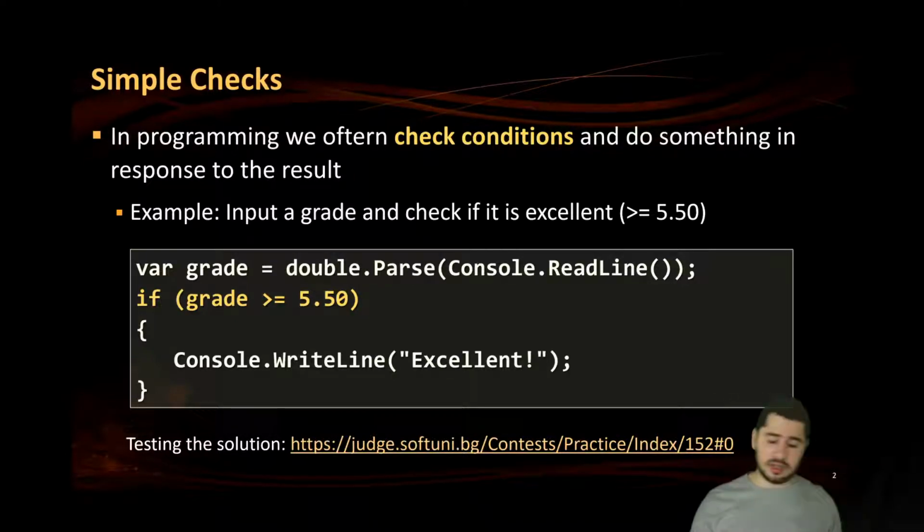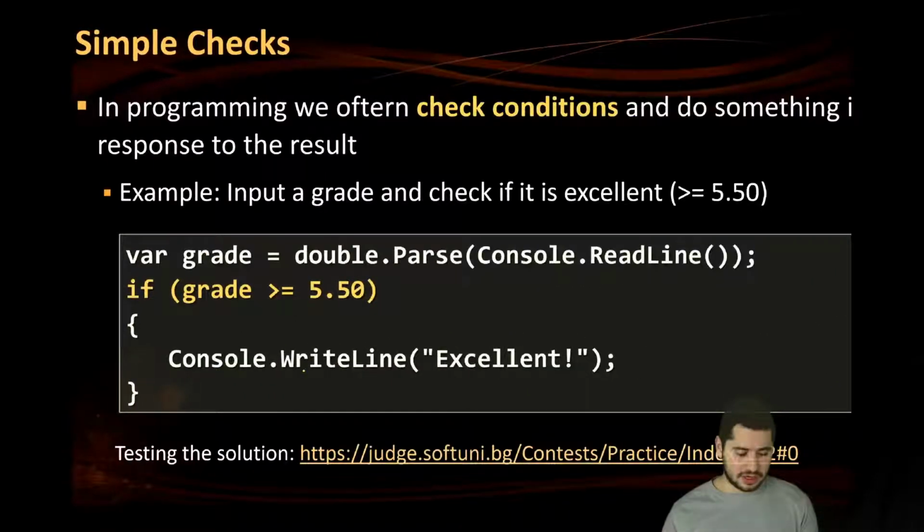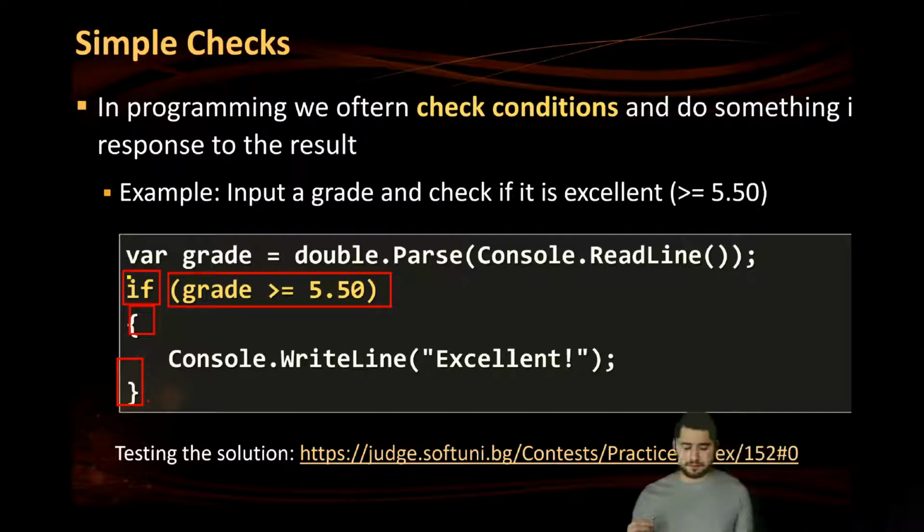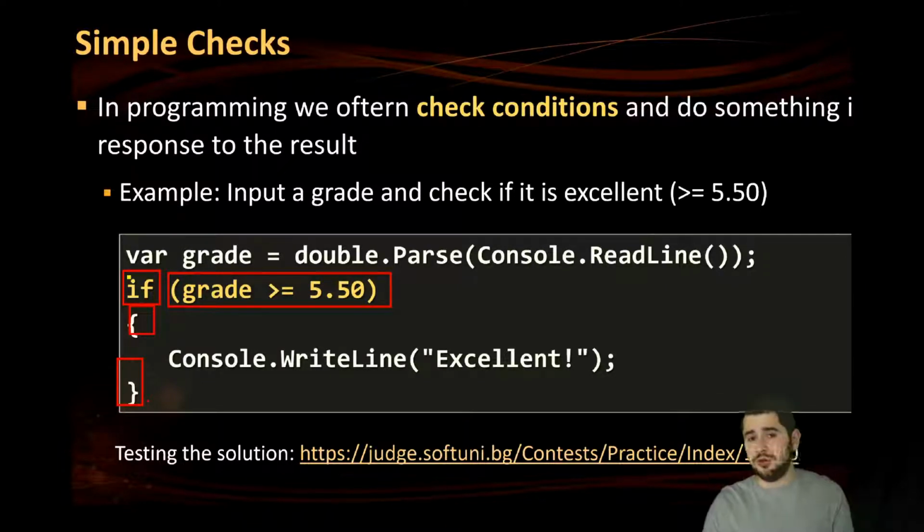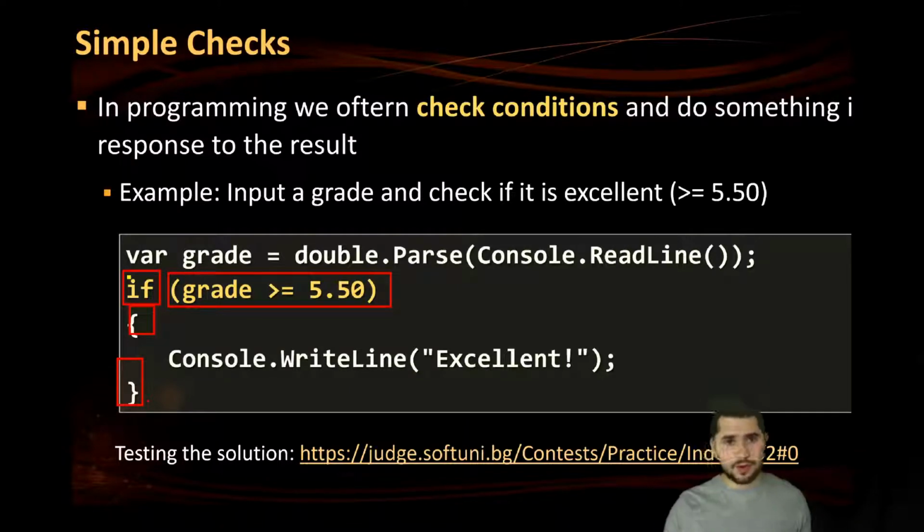So we want to say, if you have this number, then output something. How do we output something based on a condition? Well, first we do an if statement, as we said. We have an if statement and we have a condition. What do we do afterwards? Well, we write curly brackets. These curly brackets show us that we're starting a new block of code.